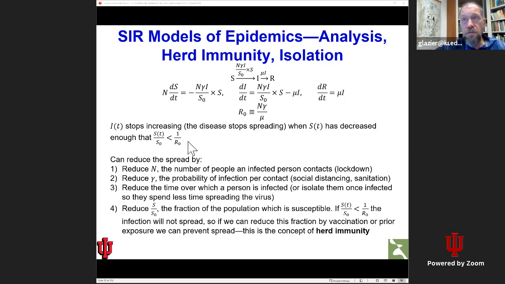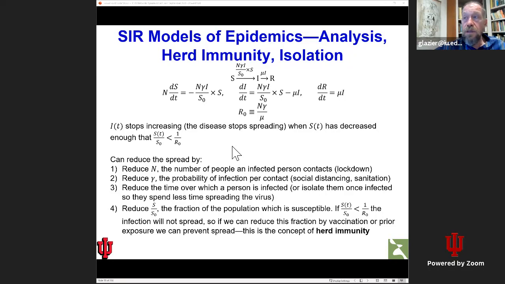If I have a disease with an R naught of 2 and half the population are immune, then the disease won't spread. And that can happen in 2 ways. I could vaccinate people and have half the people immune. Or half the people get the disease and recover from it, and that's classic herd immunity. Or potentially they could have been exposed to it in the past and been immune for some other reason.